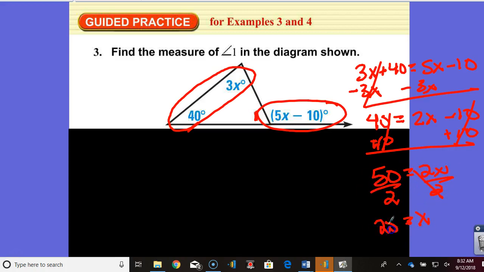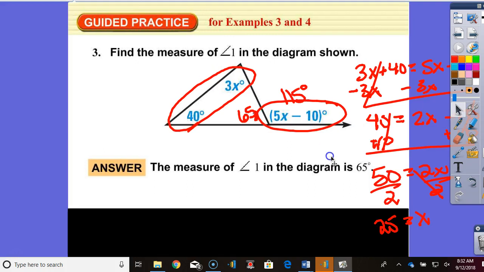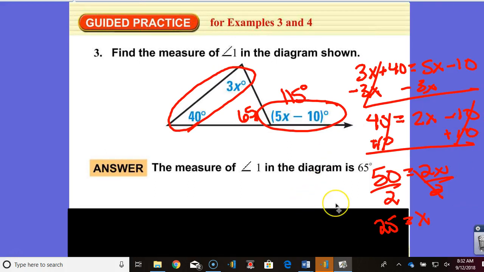X equals 25. So now that we know x is 25, 25 times 5 is 125. 125 minus 10 is 115. What do you know about angle 1 and this angle? They are a linear pair, therefore they are supplementary, equal to 180. 180 minus 115 is 65. Angle 1 must equal 65 degrees. Make sense?